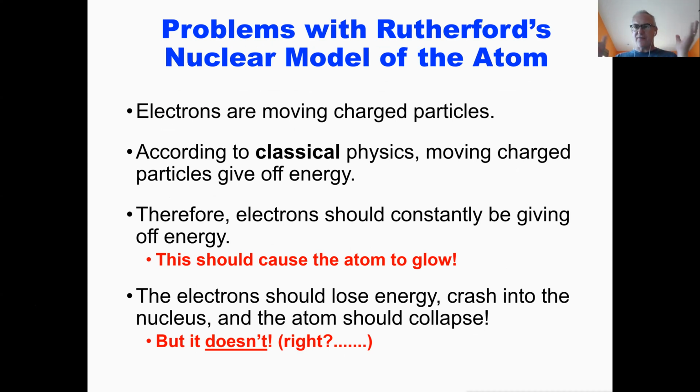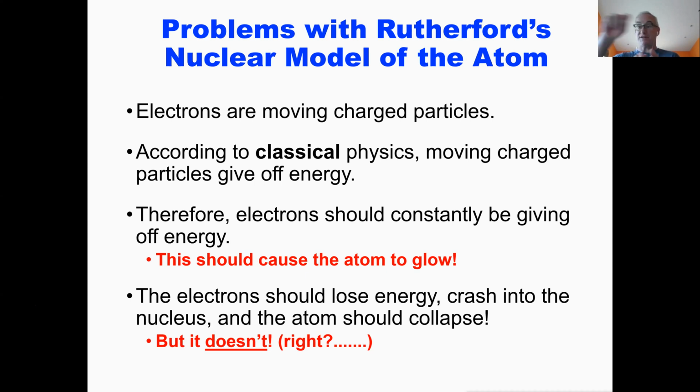It's not going to move forever, right? It's going to be giving off energy as it moves. So electrons, as they move around the nucleus, should constantly be giving off energy. And as they constantly give off energy, they should be losing energy and moving closer and closer and closer to the nucleus. So two things should happen.